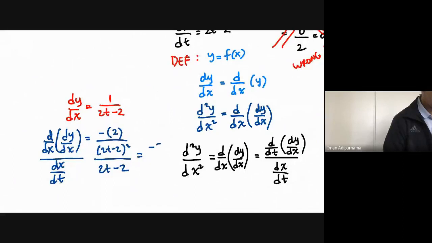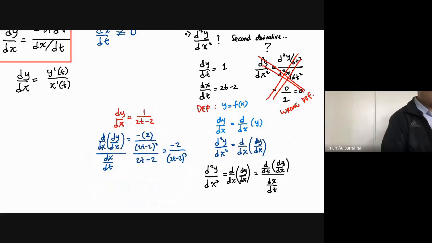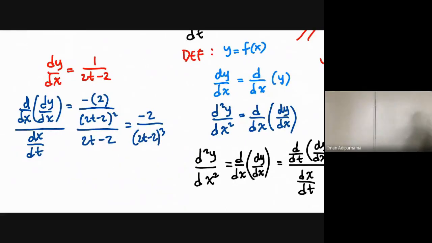So it will be 2t minus 2. Okay. Yeah, correct, right? Anyone can check for me?